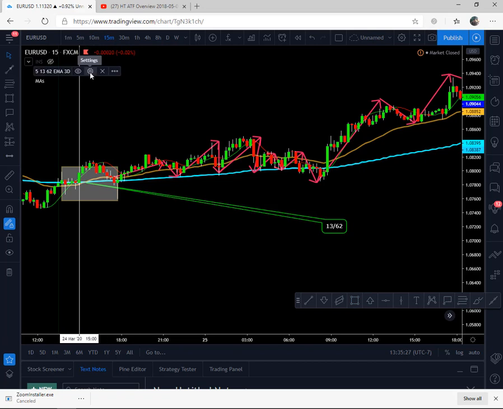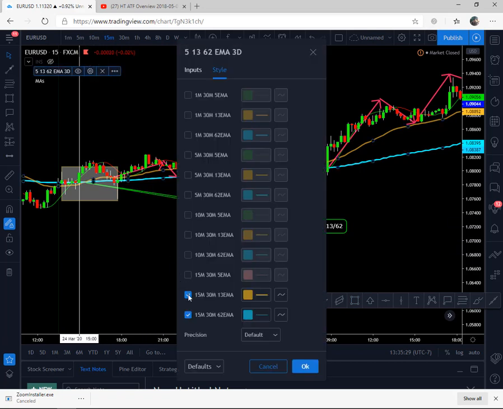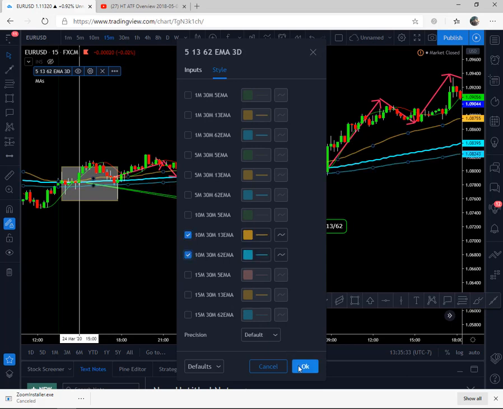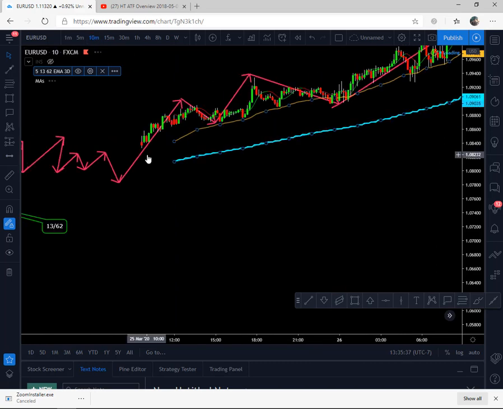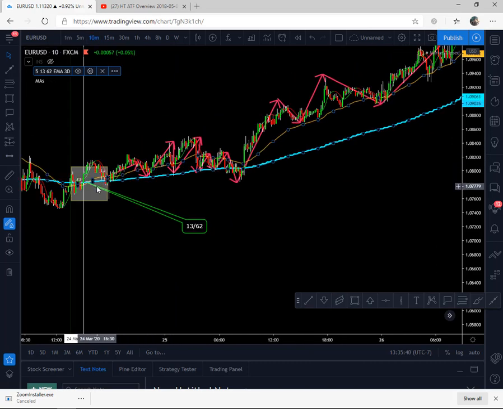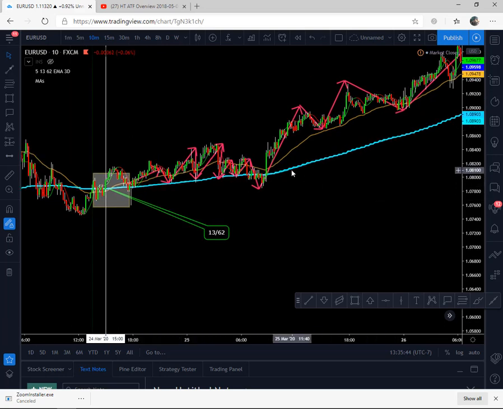We could even go into the 10 minute and see that the 1362 cross is there. So remember the 62 is represented by this aqua color, and the 13 EMA is represented by this yellow colored EMA.